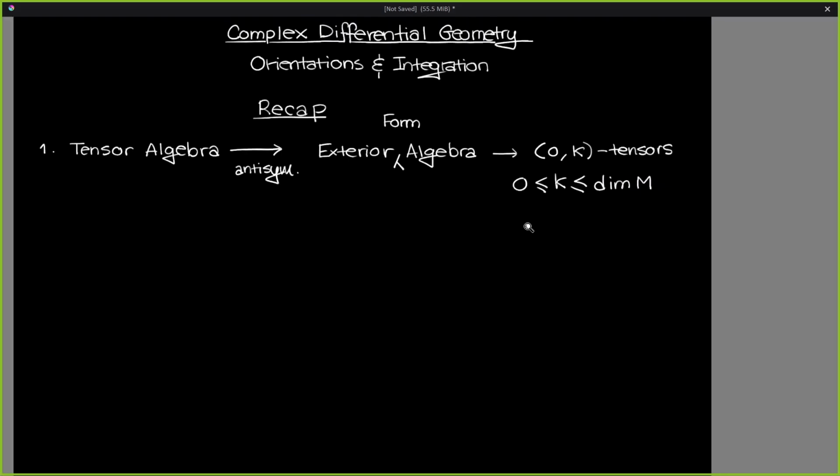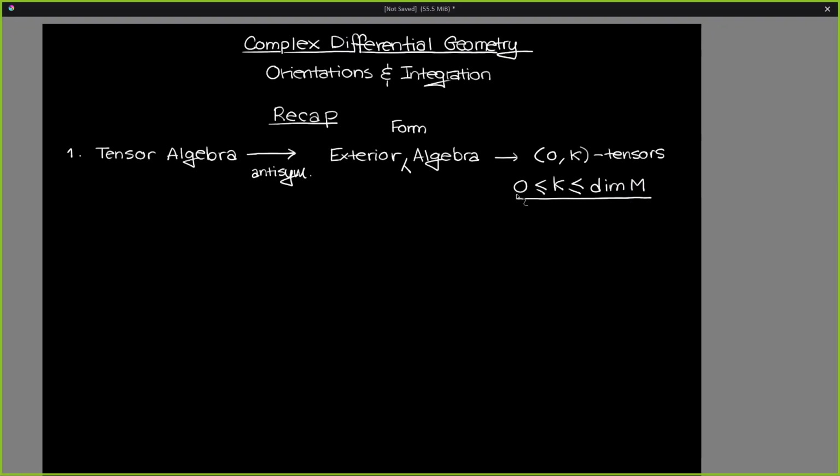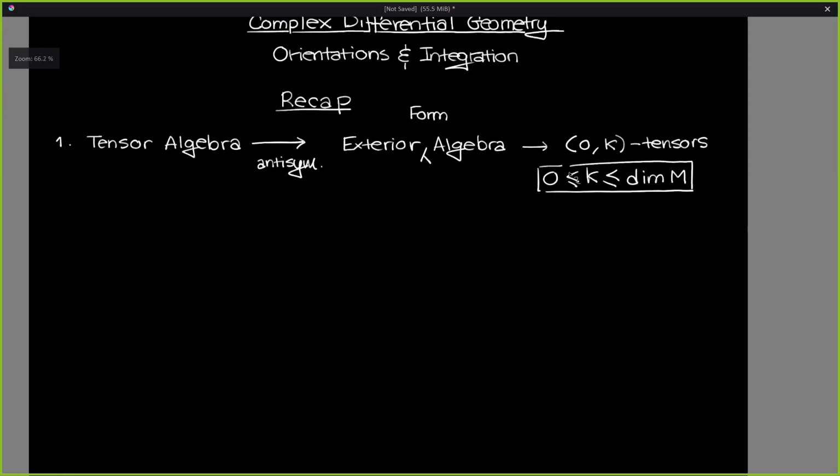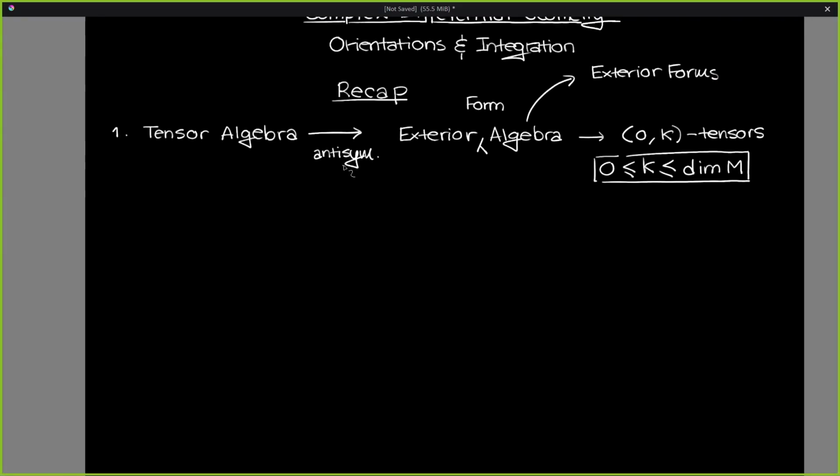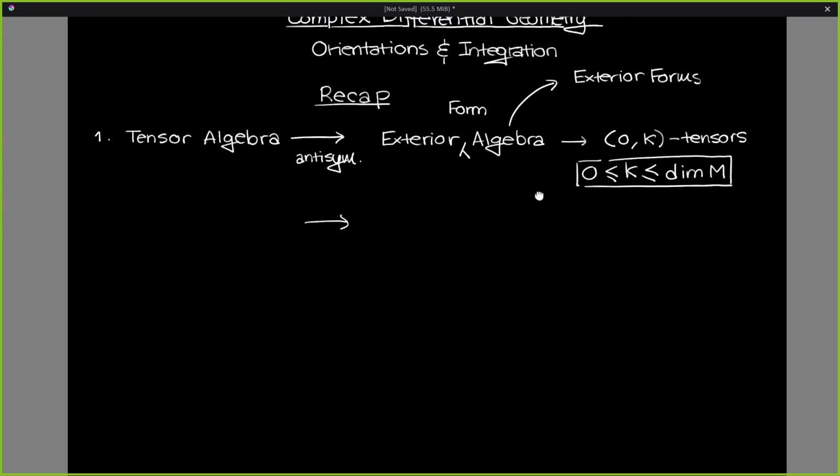In general, it doesn't have to be restricted to the dimension of the manifold, but for the case of there being a manifold, we're going to restrict it to the dimension of the manifold. So the elements of these spaces are called exterior forms. And from the exterior forms, these are defined pointwise.